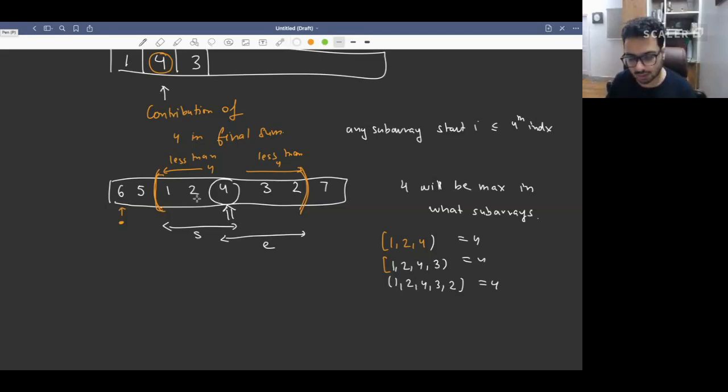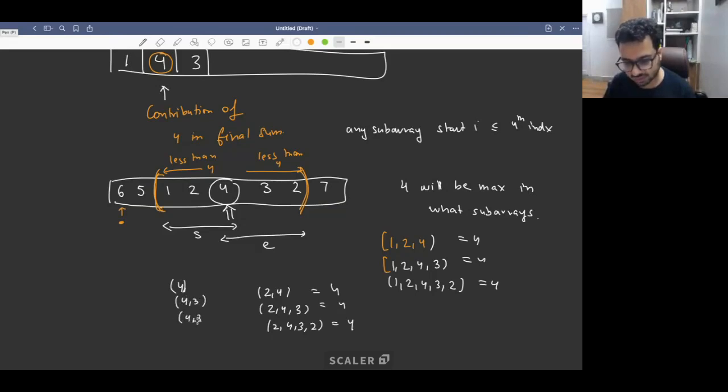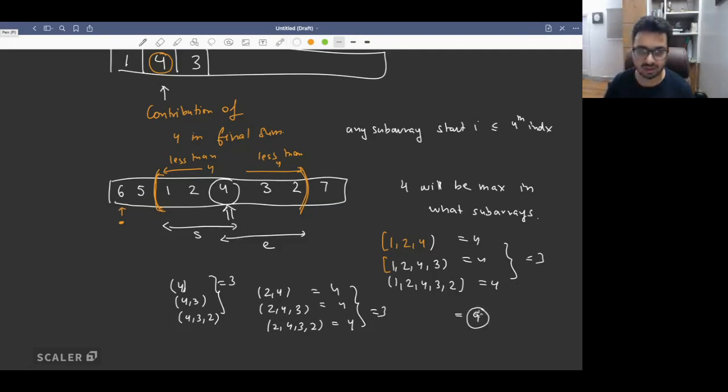What about if I start with 2? Fine. 2 comma 4 can be a subarray, 2 4 3 can be a subarray, 2 4 3 2 could be a subarray. All these arrays still have 4. Right? I can also start from 4. I can have 4 as a subarray, 4 3, 4 3 2 as a subarray, right? So effectively, there are three arrays here, three arrays here, and three arrays here. So I get 3 into 3, that is 9 subarrays that will include 4.